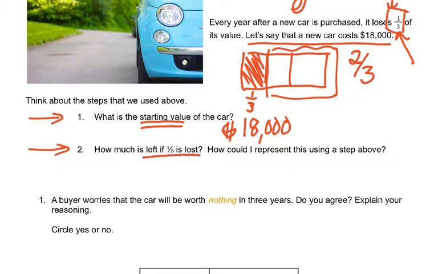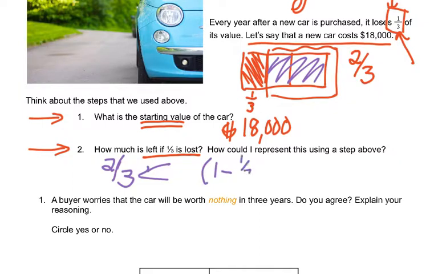Well, we just answered that question. What is left? 2/3 is left. Okay, how did I represent this? Right here. I can represent it by 2/3, or I can go 1 minus 1/3, which is equal to 2/3.